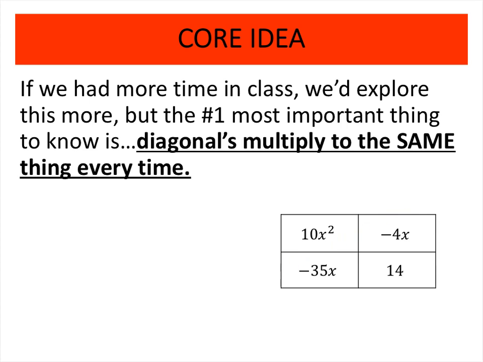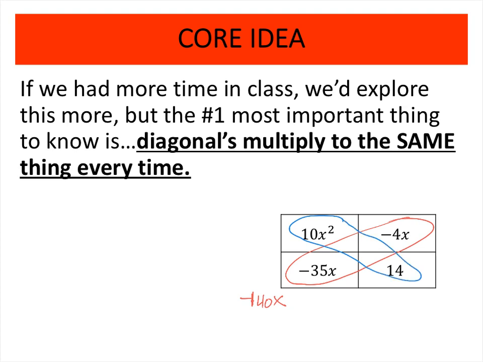Something important to know is that if I take -4x and -35x and I multiply them together, -4 times -35 is 140x squared. And same thing, I'm going to use a different color so that you can see the difference between the crossings.